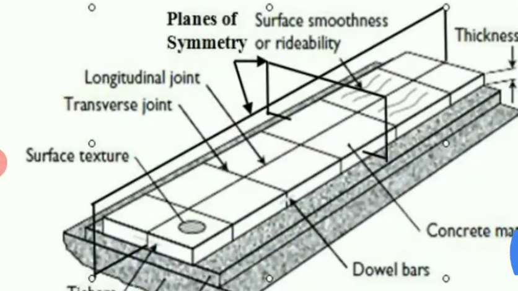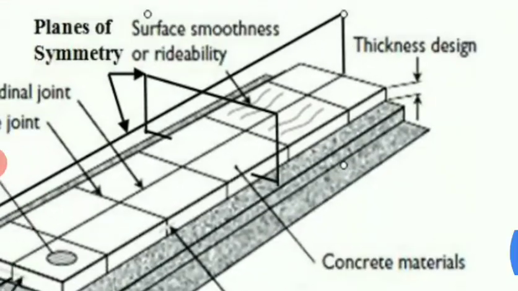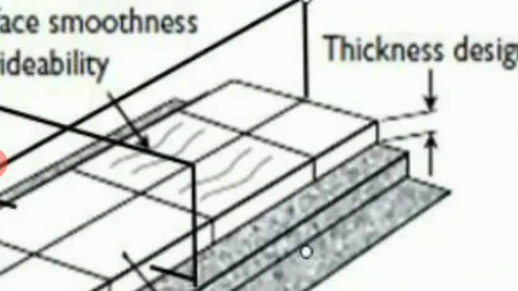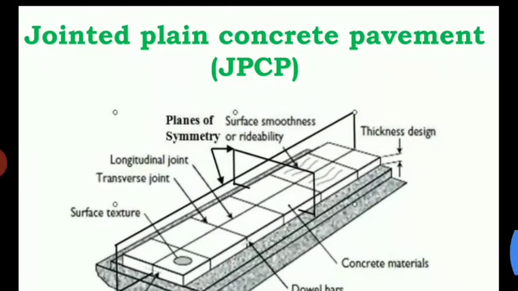And here you can even see the dowel bars, which depend upon the thickness, and how exactly they are going to provide the thickness of this rigid pavement, everything they have given here. So in this rigid pavement, the first type is jointed plain concrete pavement.